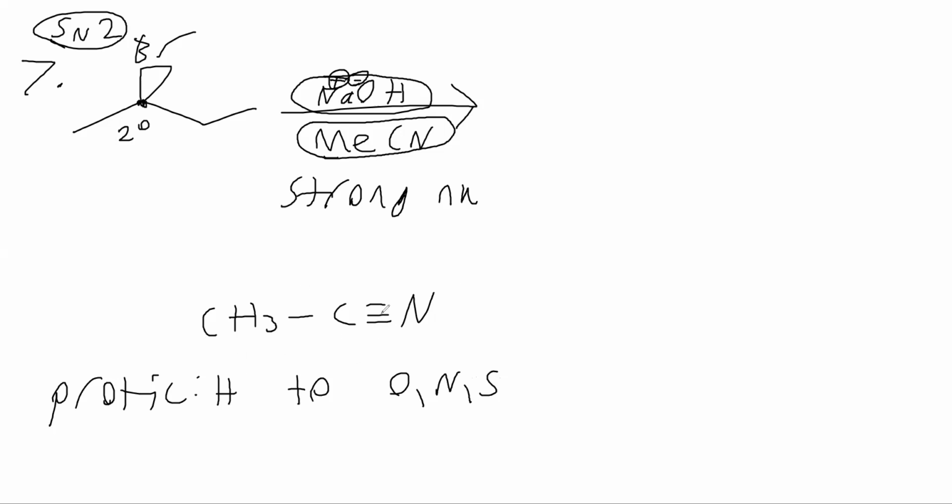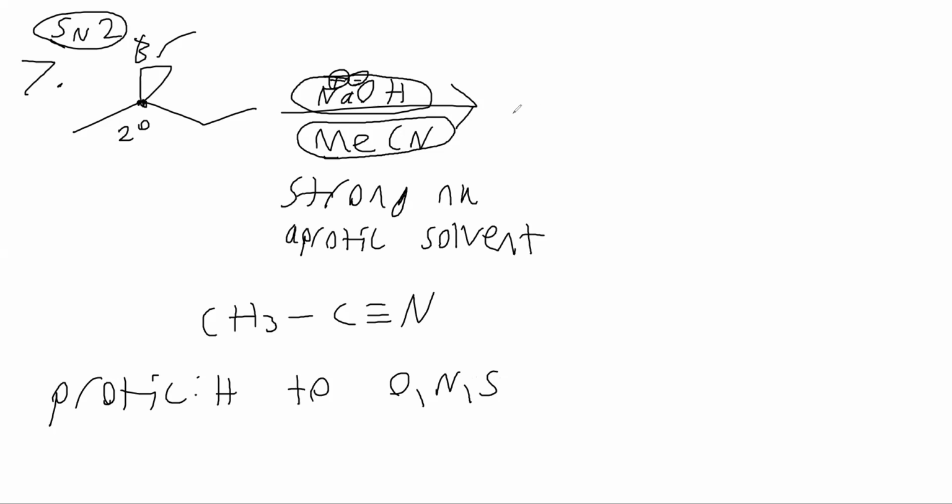And if we look at the structure, we can see that we don't have a hydrogen on the only nitrogen in here, so it's an aprotic solvent. So a strong nucleophile and an aprotic solvent are both conditions that are good for an SN2 reaction. So this would do an SN2 reaction.